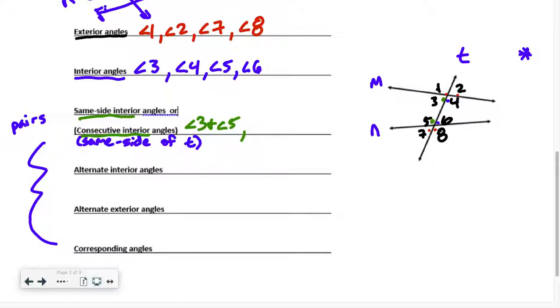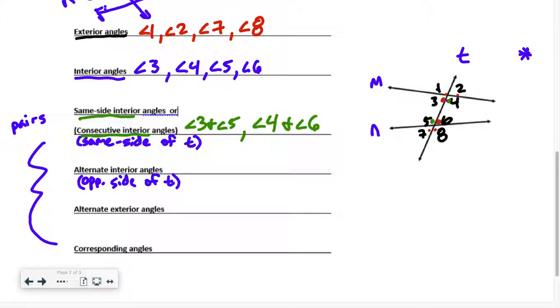Then on the right side of my transversal, I also have a pair. The pair on the right side would be angles 4 and 6. That would be a pair of same side interior angles. Alternate interior angles are interior angles that are on the opposite side of the transversal T. Examples of those pairs would be angle 3 and 6.